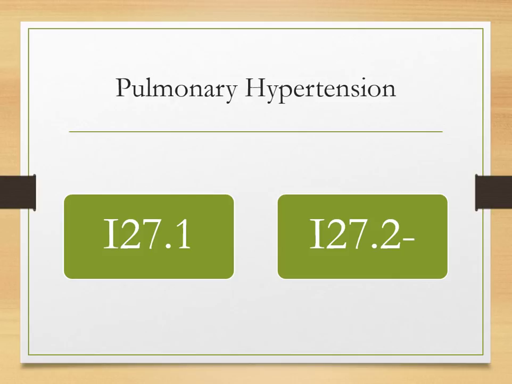And then you're also going to code any associated conditions or adverse effects of drugs or toxins. Of note, sequencing is based on the reason for the encounter, except if it is an adverse effect of drugs. That is a guideline that will be covered in Chapter 19.